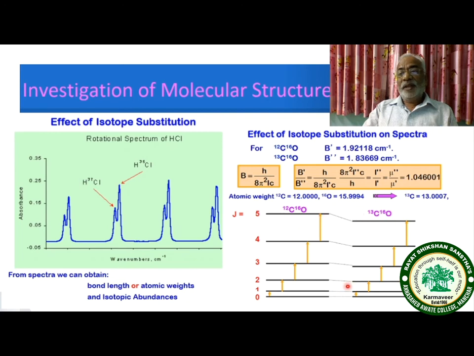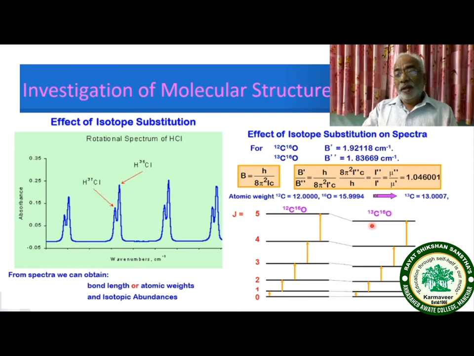It is very good in understanding. This is the energy level diagram for the normal molecule and this is the energy level diagram for the isotopically substituted molecule. You will find that each energy state is slightly lower than the corresponding energy state in the normal molecule. Here approximately the same energy state, here slightly lower, here slightly more lowering.